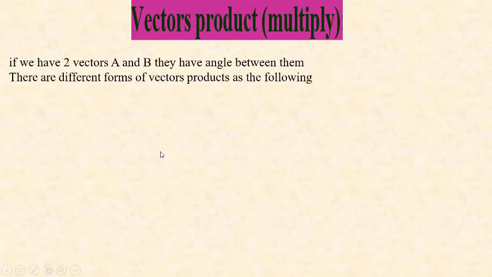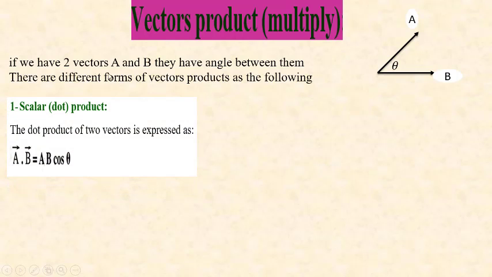Vector product, or multiplying two vectors. If we have two vectors A and B with an angle theta between them, we can get the product of them in two ways. Number one, the scalar or dot product.